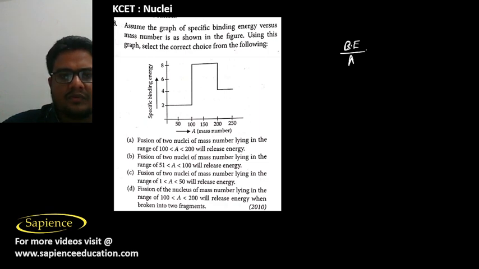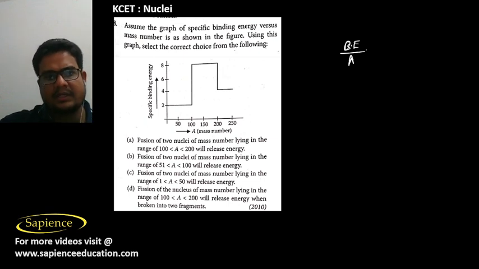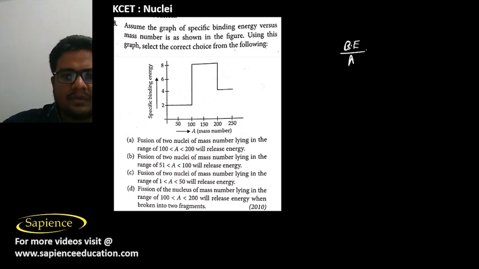Fusion of two nuclei of mass number lying in the range 100 to 200 will release energy. So here the binding energy is high. Fusion of two nuclei from 1 to 50 will release energy.